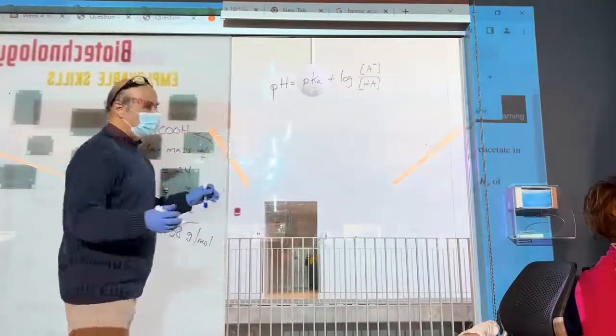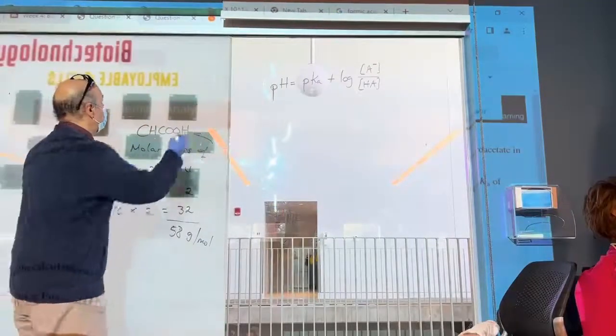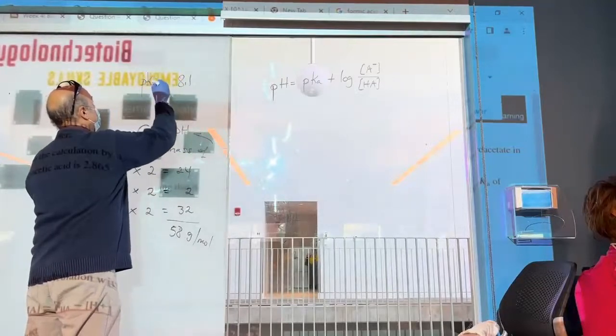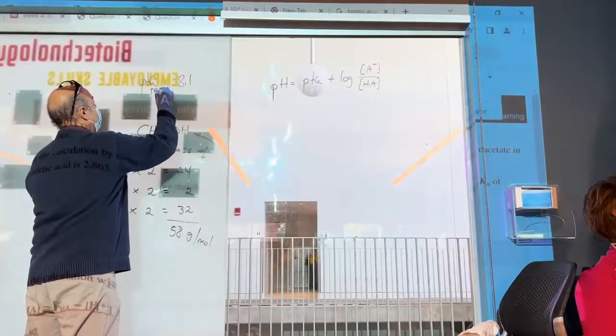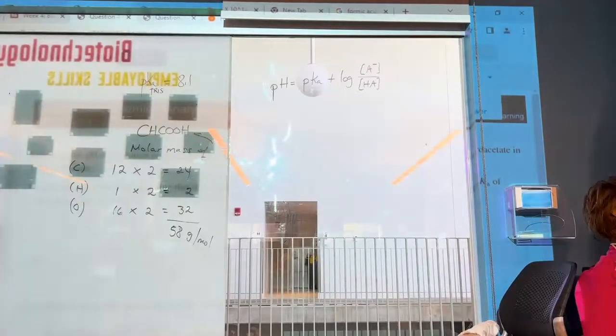Now, we know the pKa of tris. It was 8.1. Let's say that you want to prepare a buffer solution to study an enzyme that works best at a pH of 7.5.